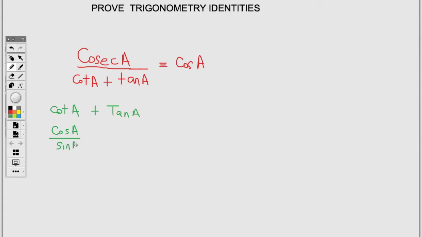We also know that the identity for tan A is sine A over cos A. Now, because these are two fractions, we're going to find the LCM. So the LCM of sine A and cos A, I'll write in the denominator, it's sine A cos A.